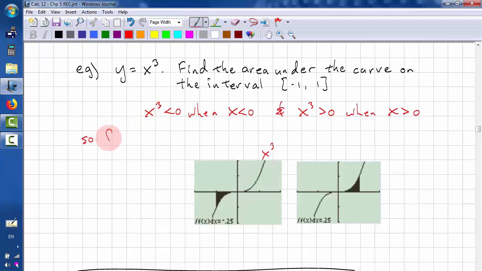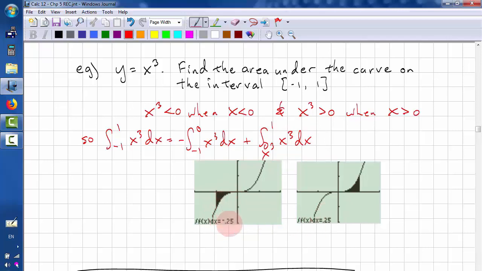So the integral from -1 to 1 of x cubed dx equals minus the integral of -1 to 0 of x cubed dx, plus the integral from 0 to 1 of x cubed dx. So we're doing the negative integral here because this gives us a negative value.